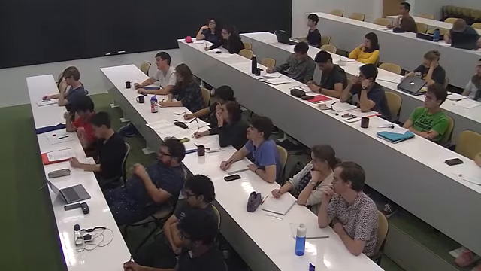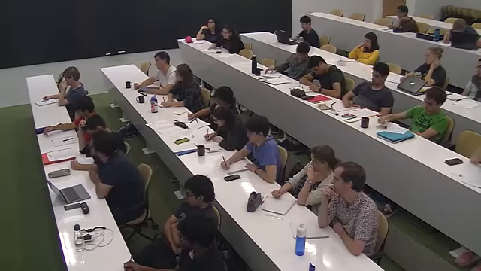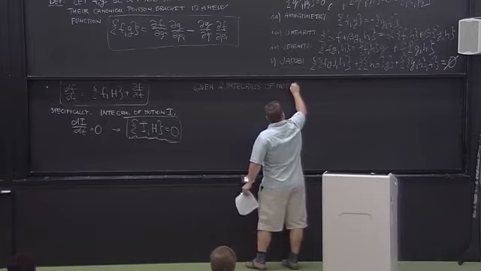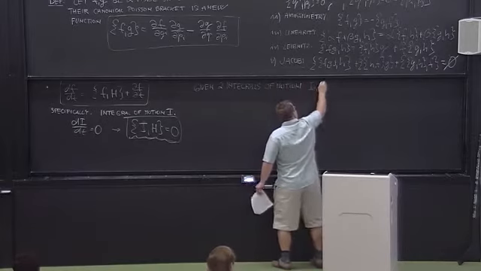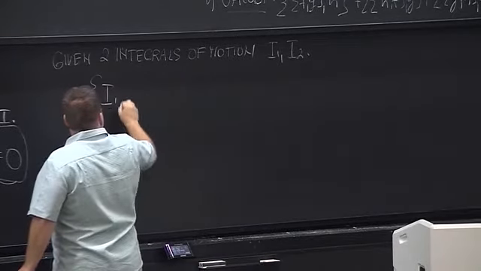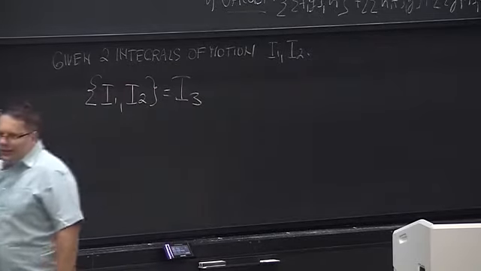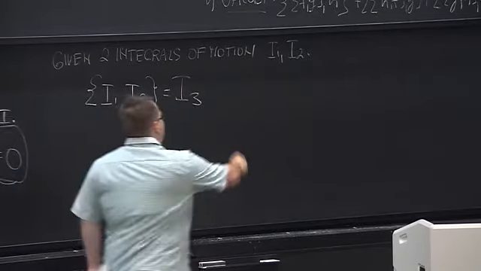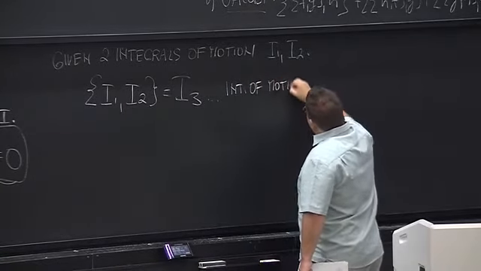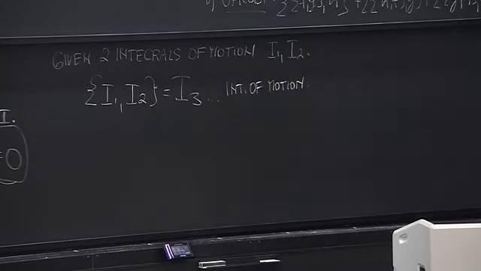So given two integrals of motion, I1 and I2, and taking their Poisson bracket, you can show that this guy is again an integral of motion. I'm not going to spoil your fun by proving this. You will do it in tutorial tomorrow.